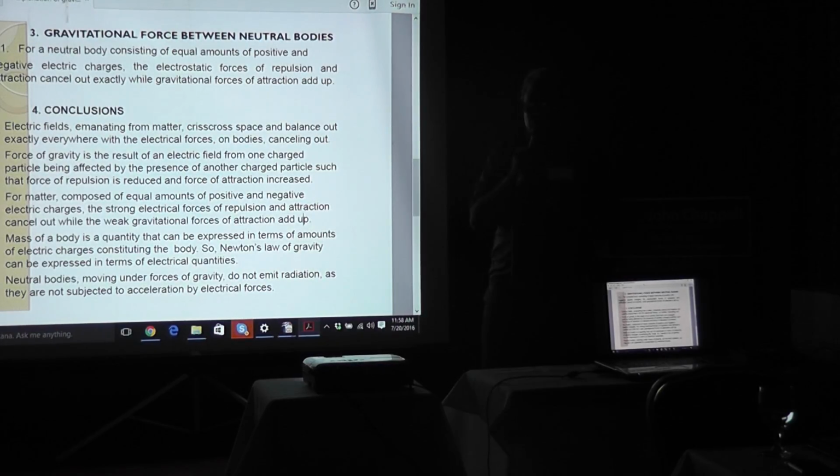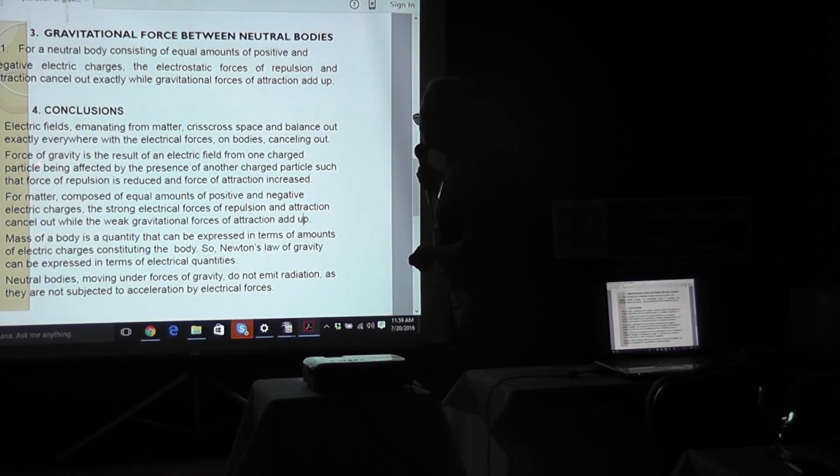Nature is not so extravagant. Space is crisscrossed by electric fields emanating from matter and vanishing at infinity. That's what constitutes the medium through which electric fields, through which light, is propagated.